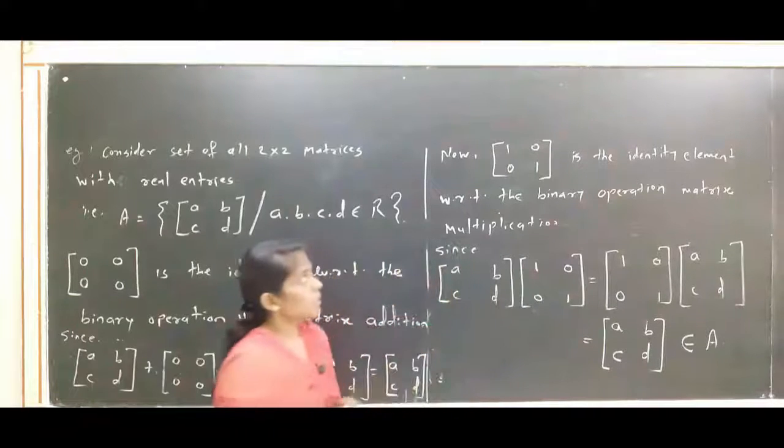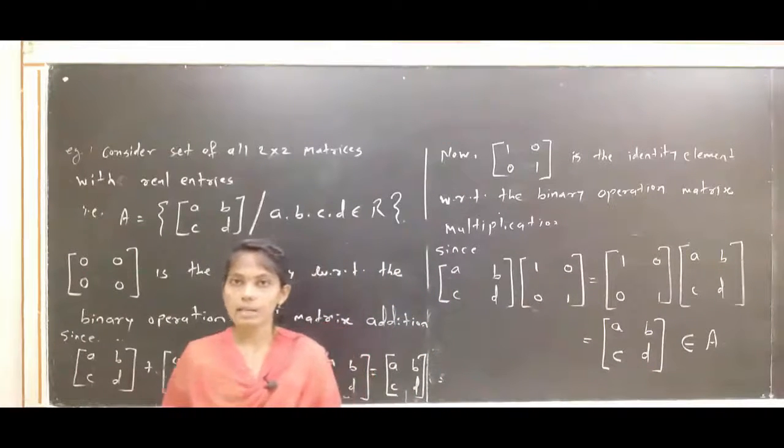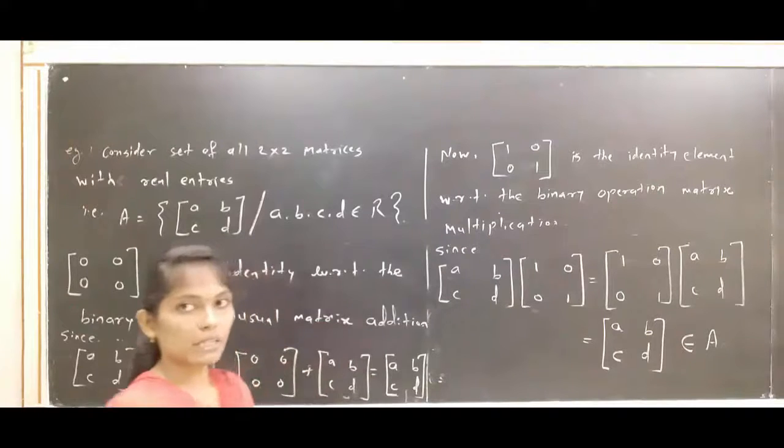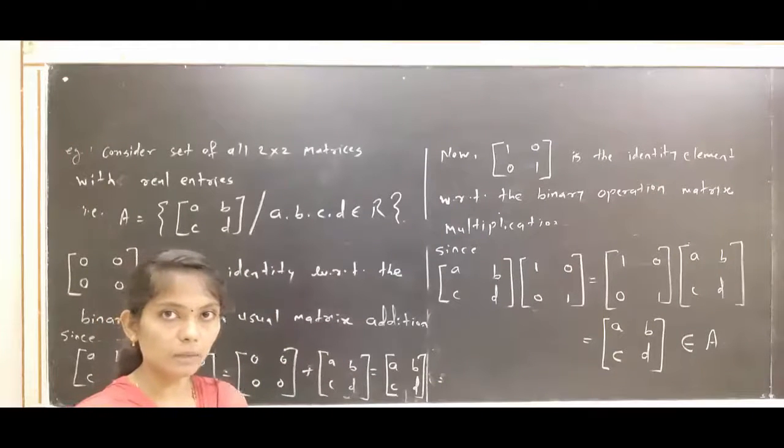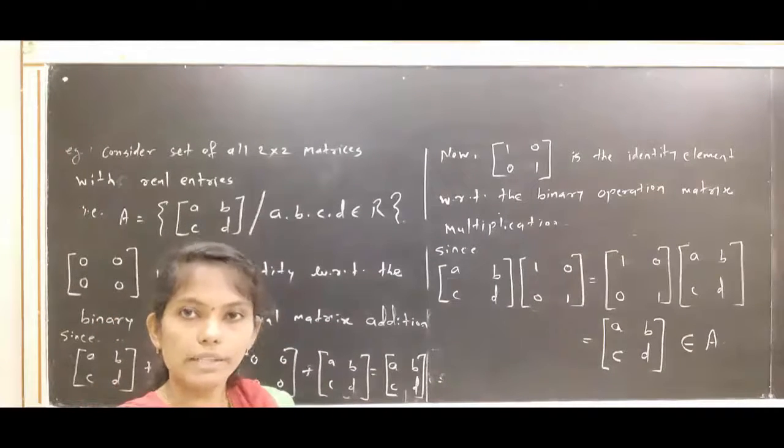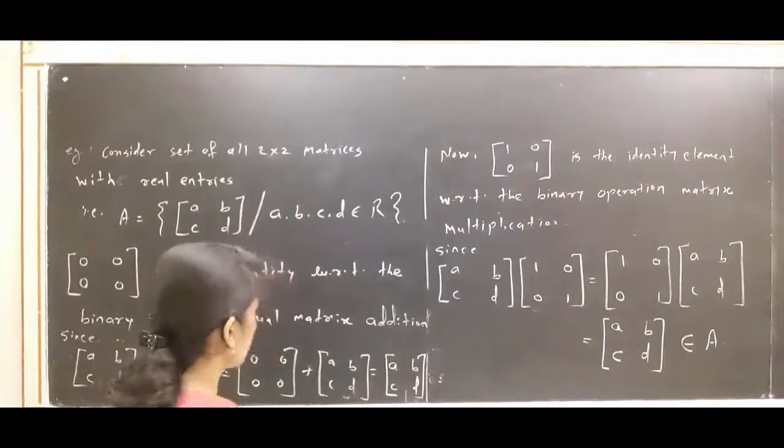Hence 1 0 0 1 is the identity element with respect to the matrix multiplication. Get it? Okay. Next point, inverse.